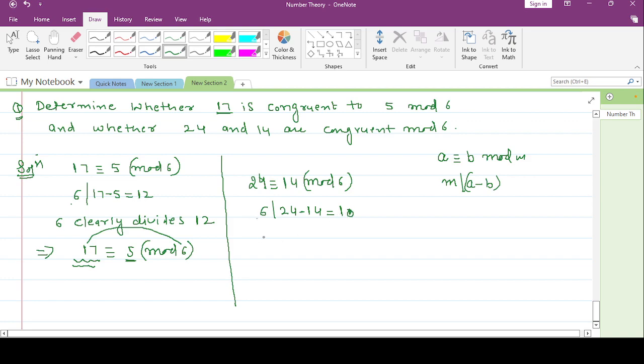So we can say that 24 is not congruent to 14 modulo 6; this symbol means not congruent. I hope you have understood how to check whether two numbers are congruent or not under modulo some number.